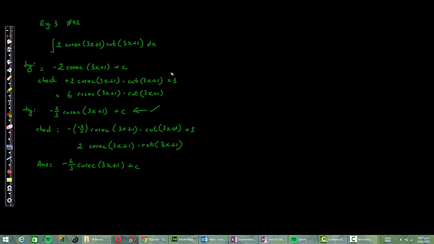Well, you might have noticed that every single time we have something like this in front of the x, when you check our original try it is going to produce a factor of whatever is in front of this x.